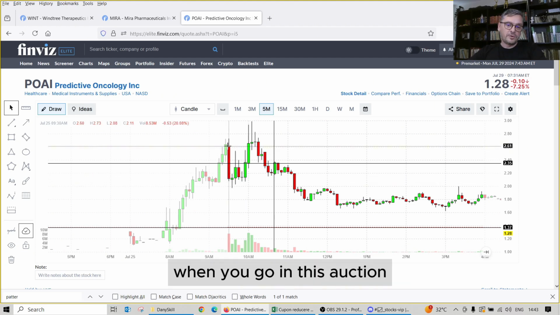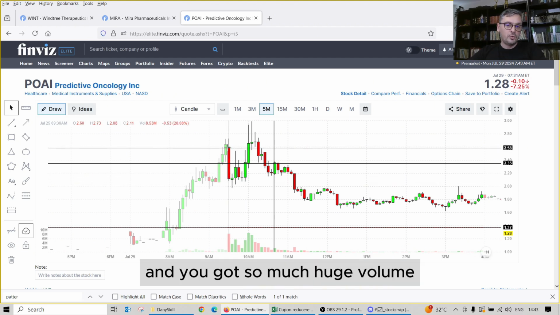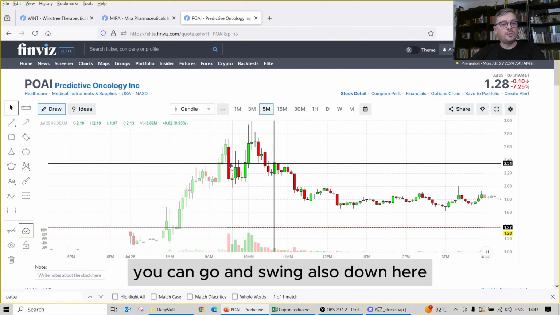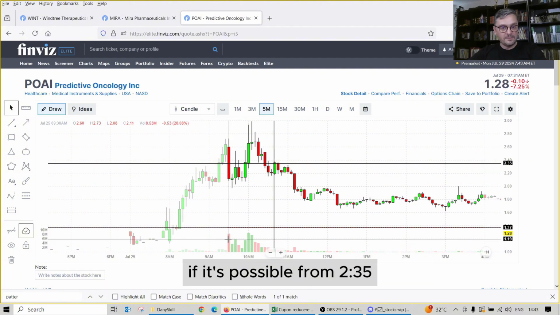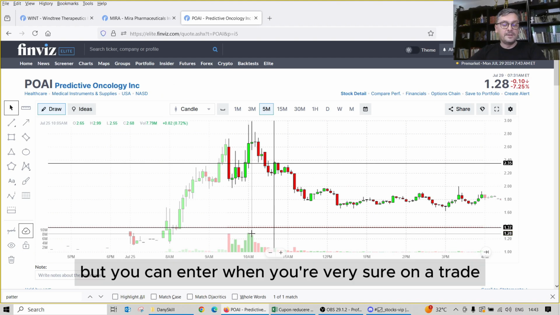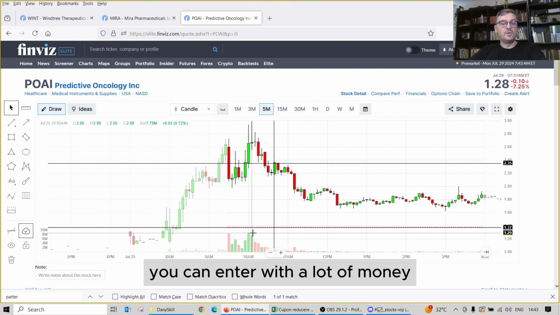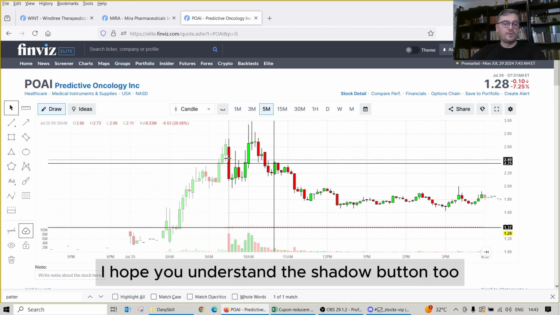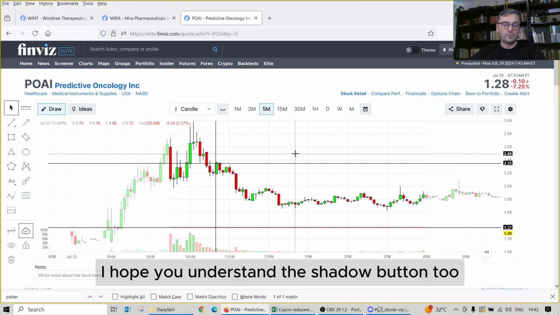When you go in this auction and you have so much huge volume, you can also swing down here if it's possible, from 2.35, you see, to 1.28. It's quite a lot, but you can enter when you are very sure on a trade. You can enter with a lot of money or with a huge part of your account. Very simple and straightforward. I hope you understand the shadow pattern too.